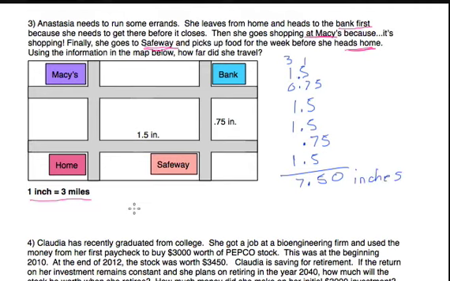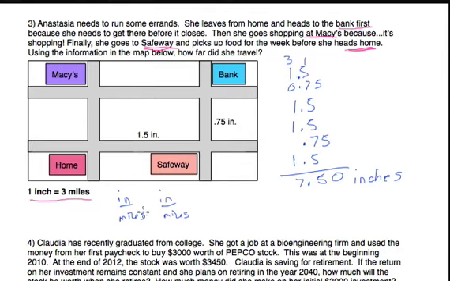Now, let's set up our proportion. What we want is inches to miles, right? Inches on the map to miles in real life. Inches traveled to miles traveled. Let's keep it simple.